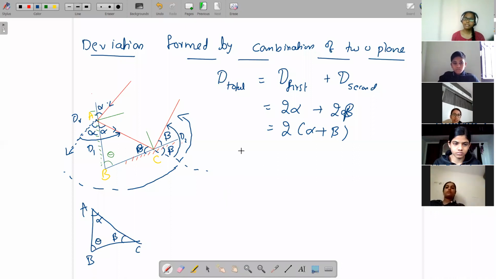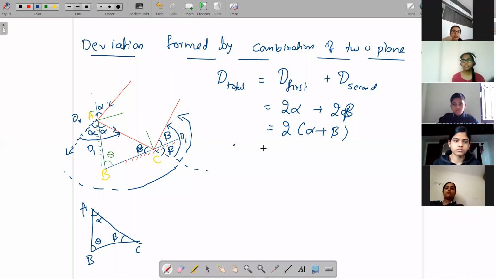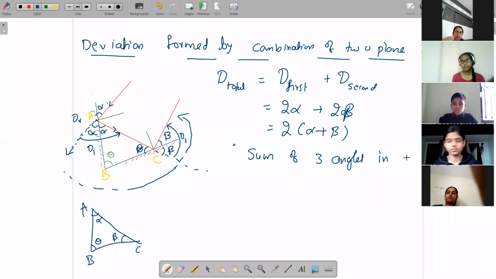Now please recall from your previous knowledge, the sum of the three angles in a triangle, how much is it? The sum of three angles in a triangle is always equal to 180 degrees. So we write alpha plus beta plus theta is equal to 180 degrees, because you know that rule.